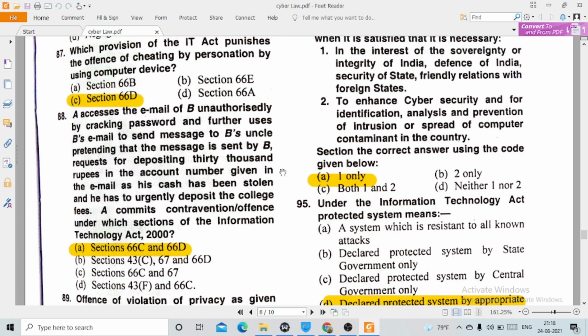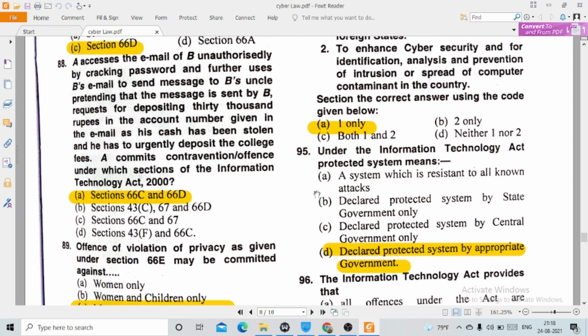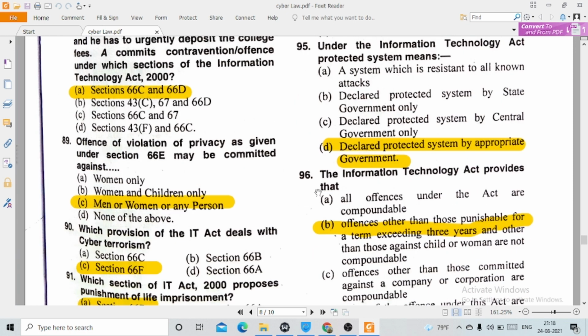A commits a contravention offence under which section of the Information Technology Act 2000? It is option E, Section 66C and 66D.